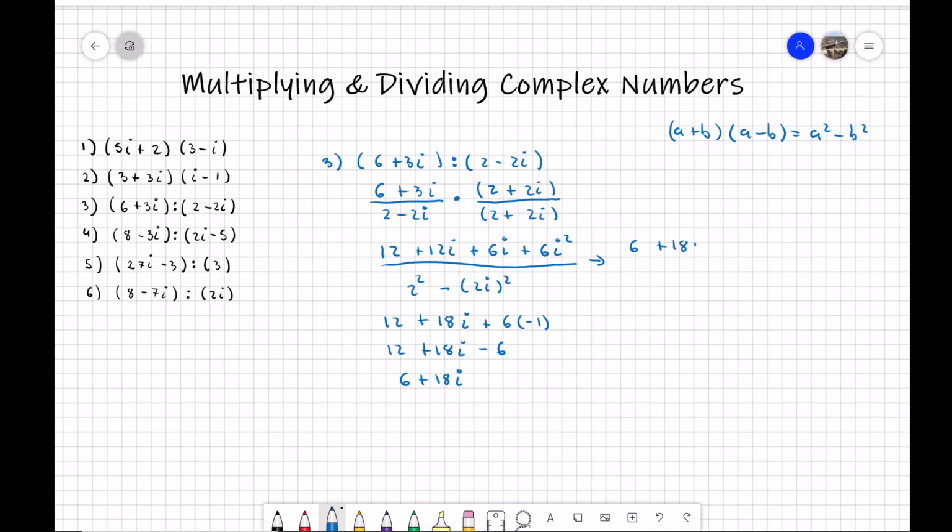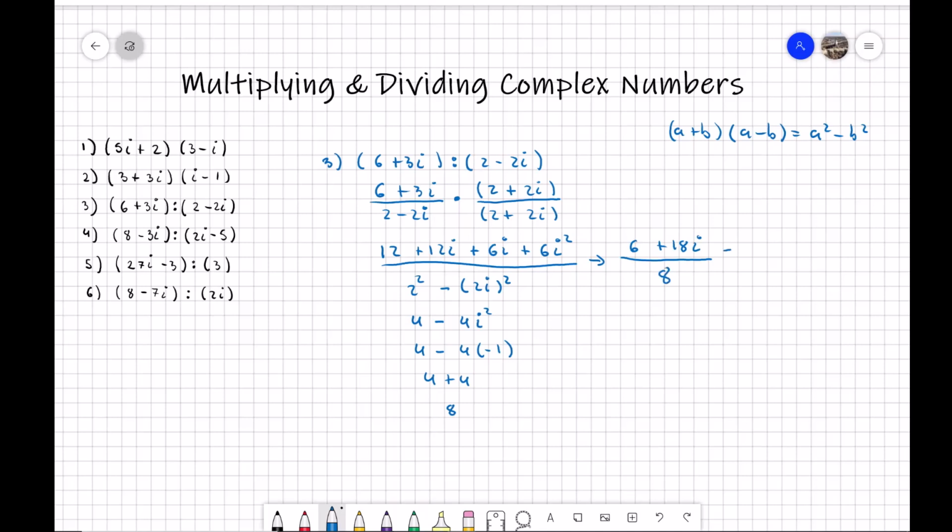Now at the bottom we have 4 minus 2i squared, which becomes 2 squared i squared, right? So we have 4 minus 4 times negative 1. So this becomes 4 plus 4, which is 8, right?